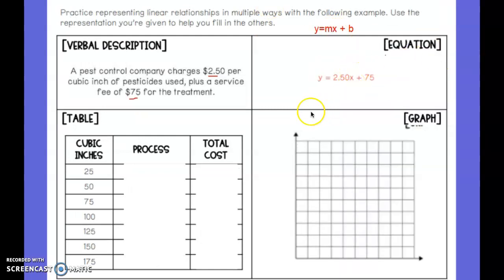So your equation is going to be y equals 2.5x plus 75. Whenever we complete the process table, your x value represents the cubic inches, and your y value represents the total cost.